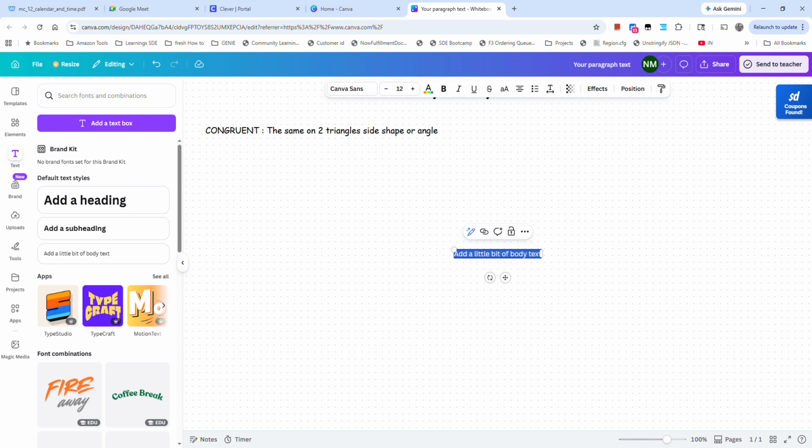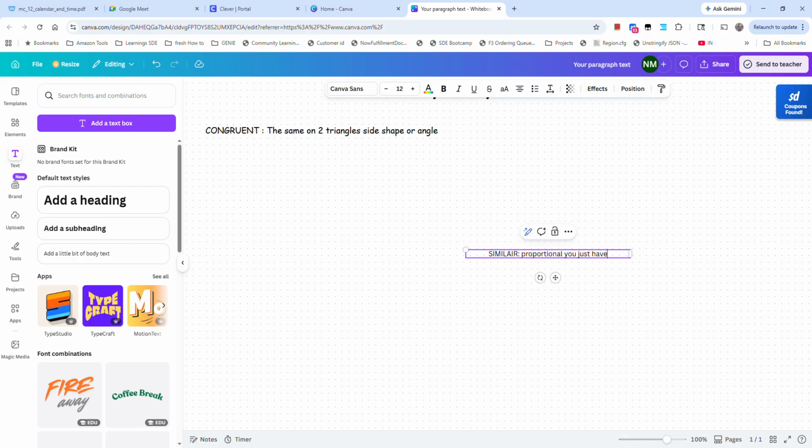Similar, on the other hand, means that it's proportional, and proportional means that you just have to change it by a number.